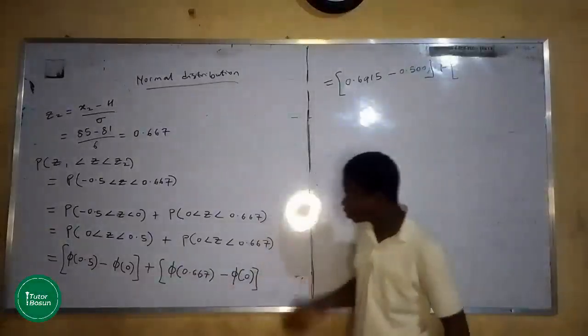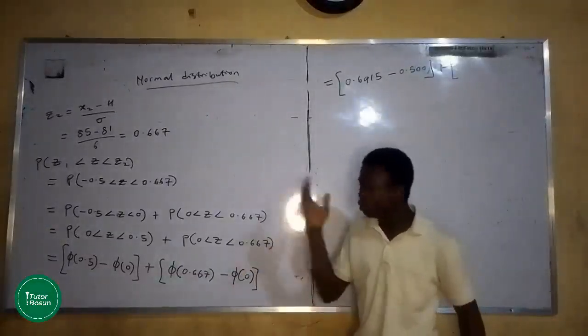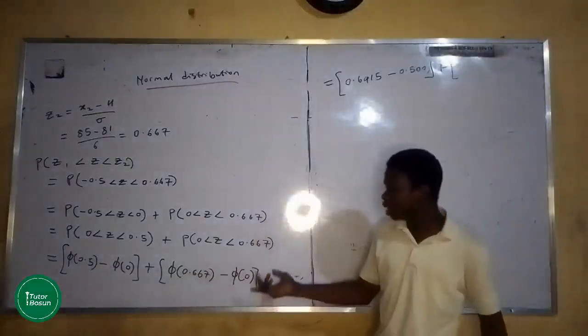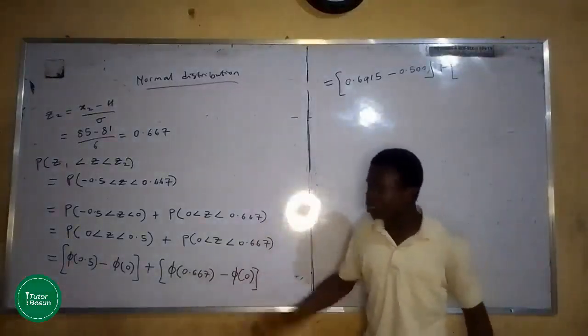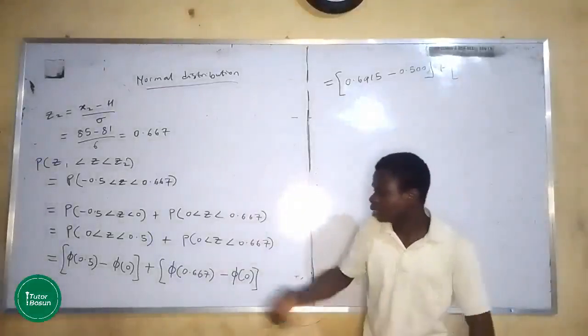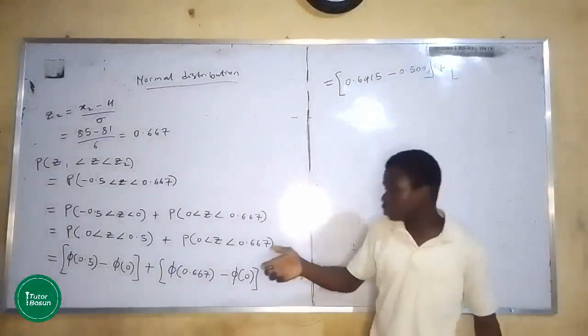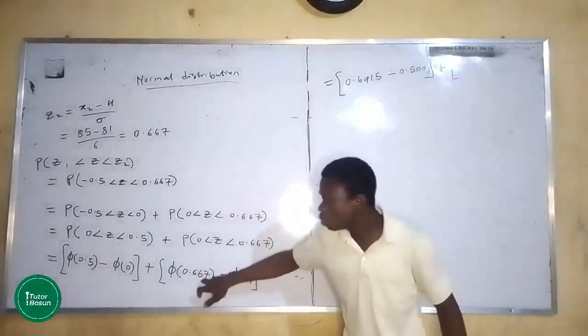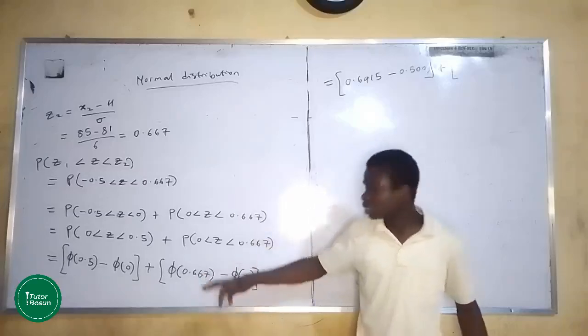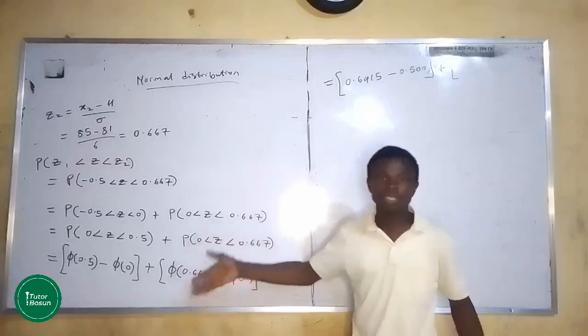Just as we check for 0.5, we also check for 0.67. Under the first column, go under 0.6. After going under 0.6, then you check your header, that is the first row that aligns with Z. Check for 0.067 or 0.06.